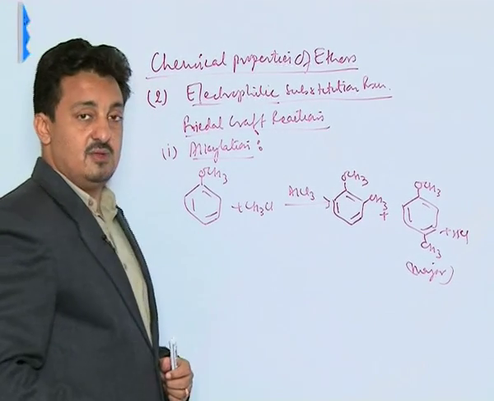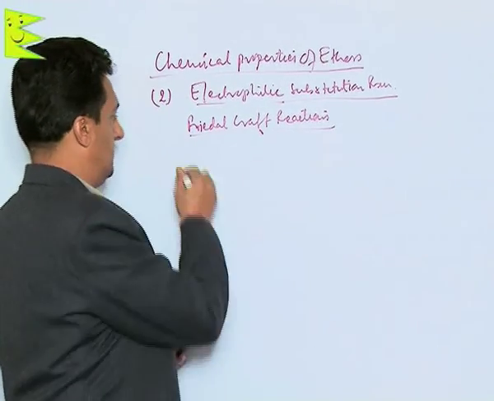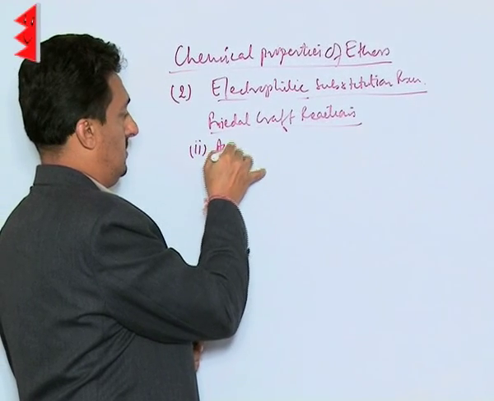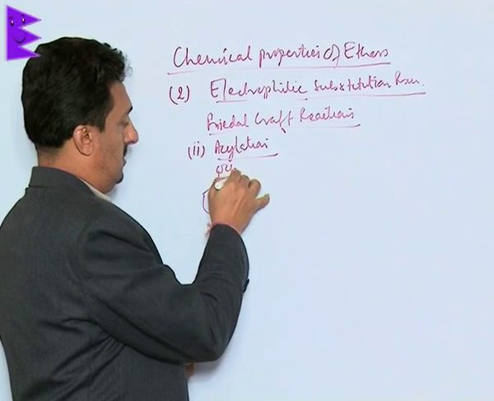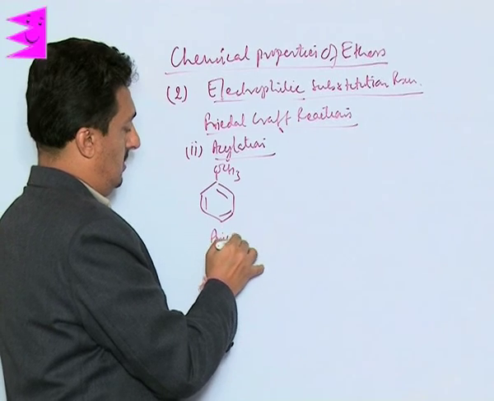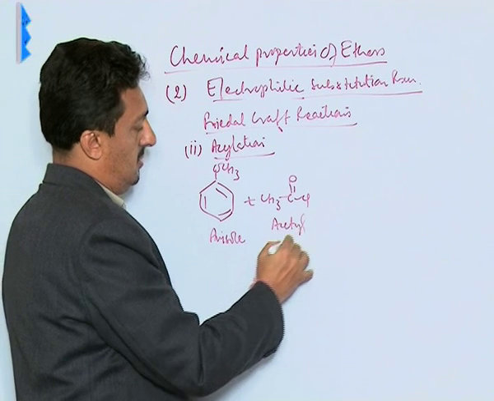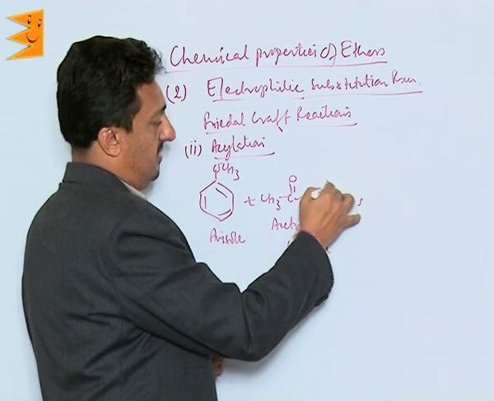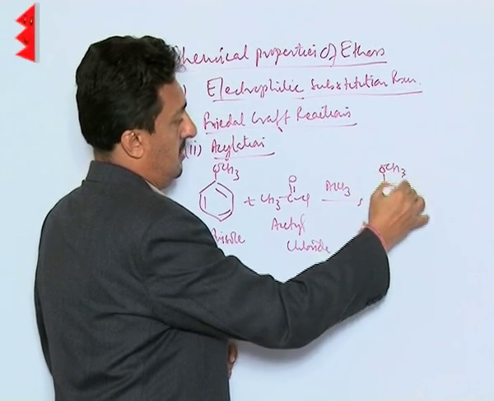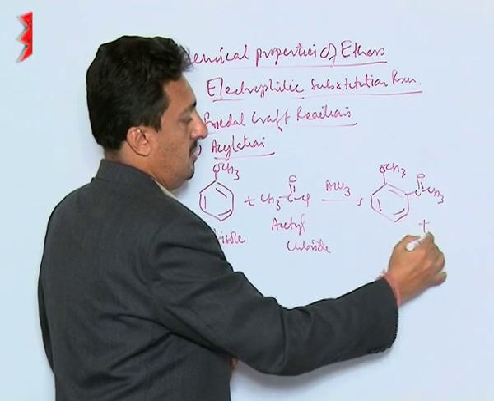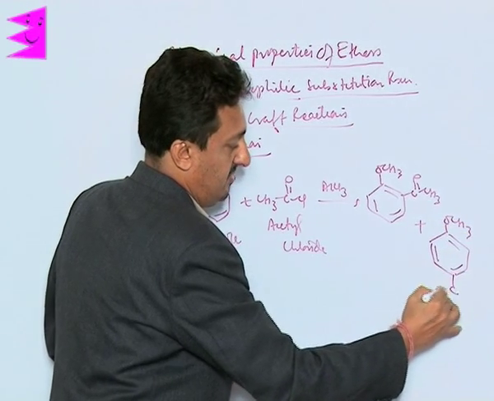Then let us see the Friedel-Crafts acylation. Anisole on reaction with acetyl chloride in presence of aluminium chloride results in the formation of ortho and para substituted products.